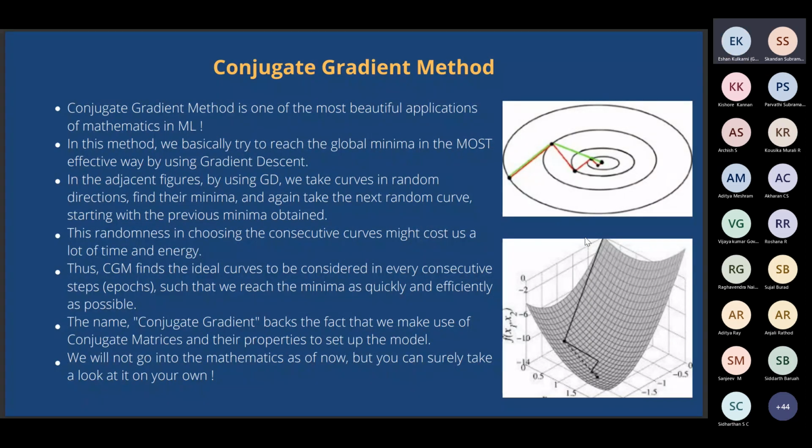It is one of the most beautiful applications of mathematics in machine learning. In the topmost right figure, you can see a pathway highlighted with red color, and a path highlighted with green color.